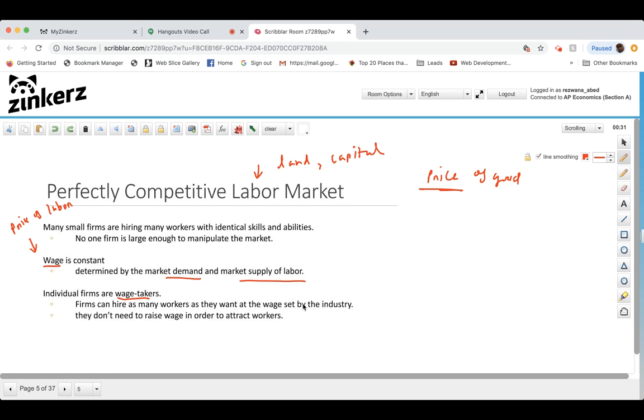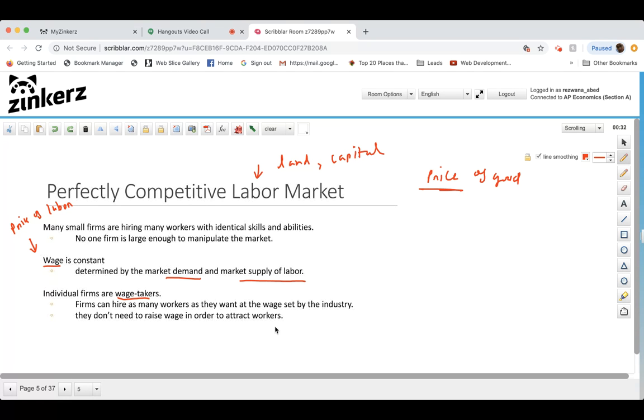They don't need to raise their wage in order to attract workers, but they have to make sure that they pay exactly that same market wage to every single one of their workers. So individual farms are wage takers in that sense. They have no influence on the market wage. They just have to take it as given and pay their workers that market determined wage rate.